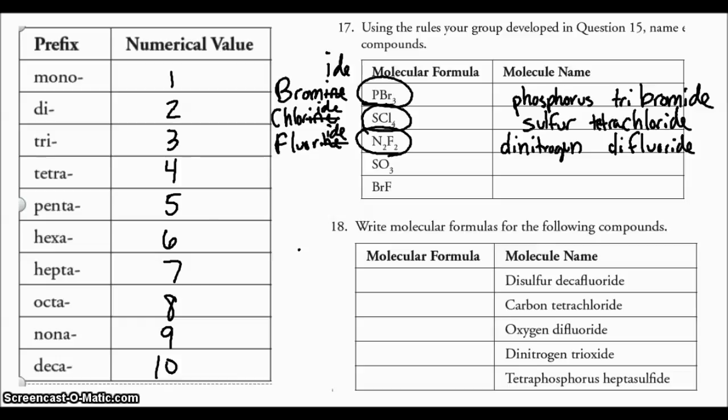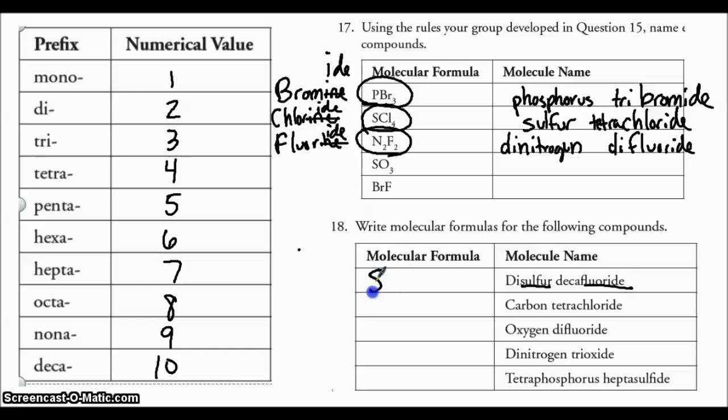So go ahead and do the other 2 on your own. But as a class, let's go ahead and move to number 18. In number 18, we're writing the formulas. Sometimes people have a little bit of difficulty with this because they put the numbers in the wrong spot. Just be careful. The number for whatever element you have goes after the symbol. So the first one here, we have sulfur and fluoride.